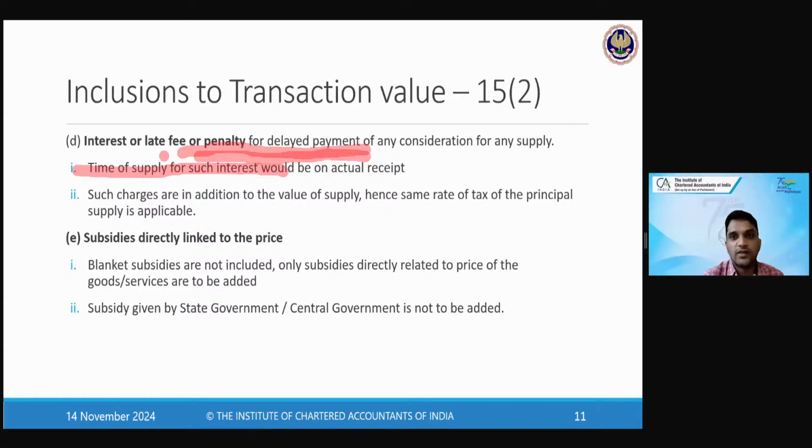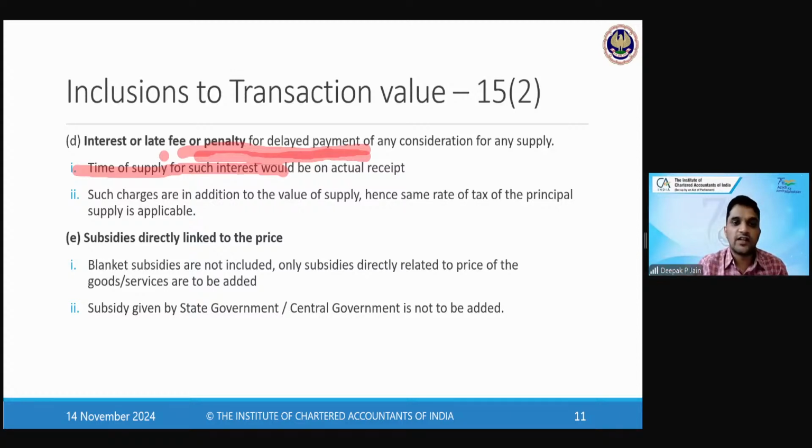We have seen under time of supply, right? That in case of interest, late fees or penalty, it will be added, but the time will not be the date of invoice. It will be when you actually receive it. For all other supply, invoice date is relevant, but for interest, late fees and penalty, we will see the actual receipt. If you have received it, only then you will pay the taxes.